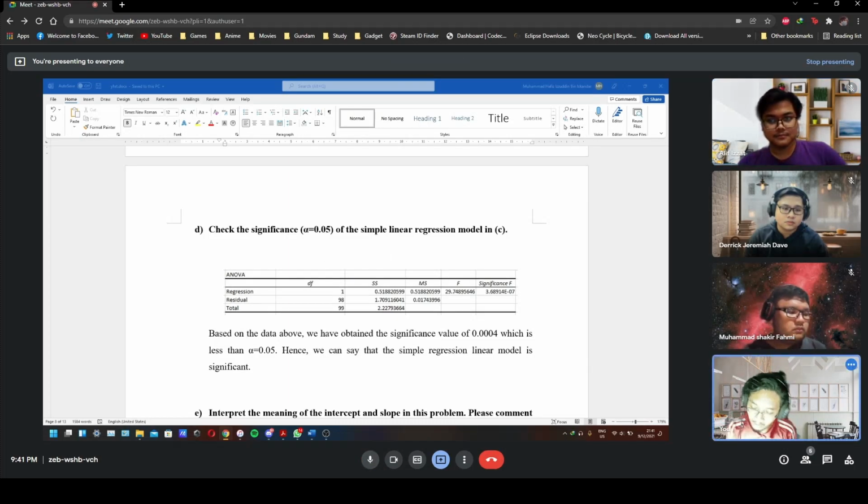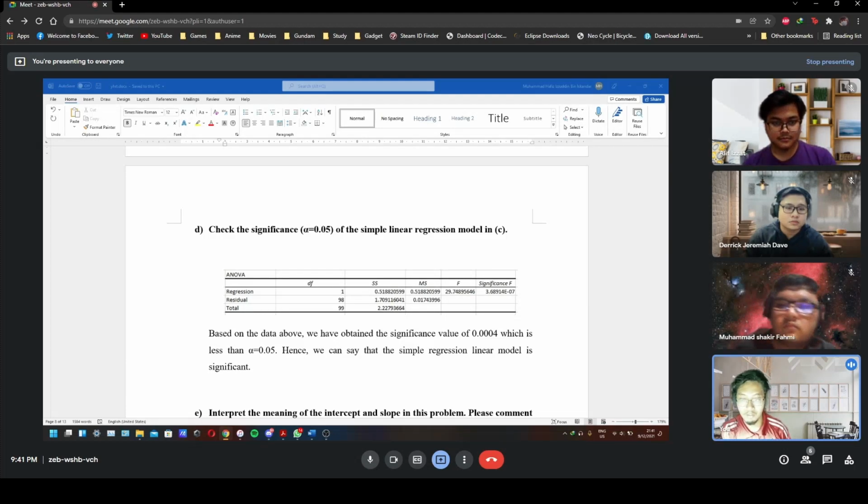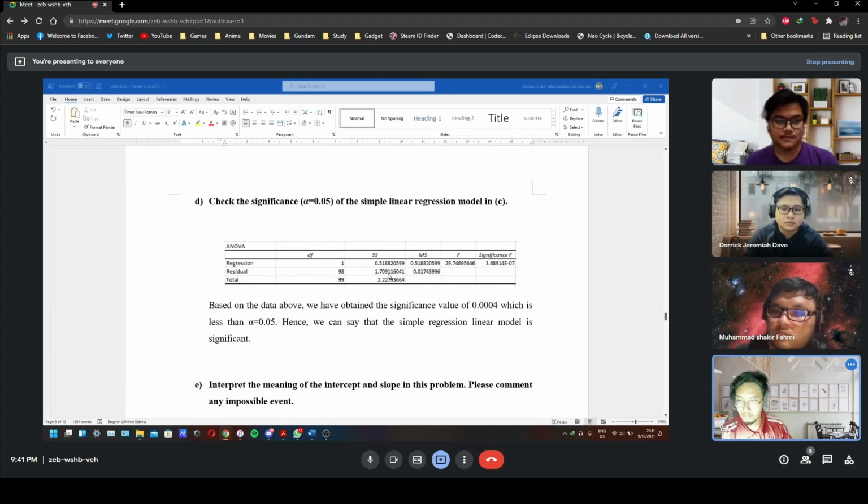Okay, for my part, we check the significance at alpha equal to 0.05 of the simple linear regression model in part C. From the table you can see the result from the regression and the residual, and the total that we got from both of the calculations before is 99.